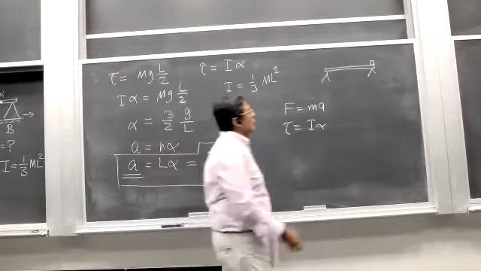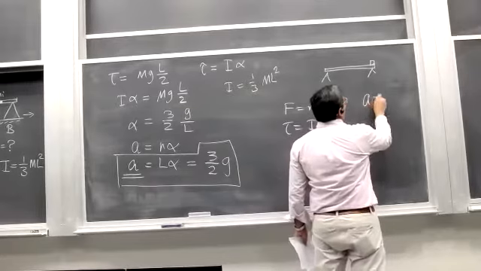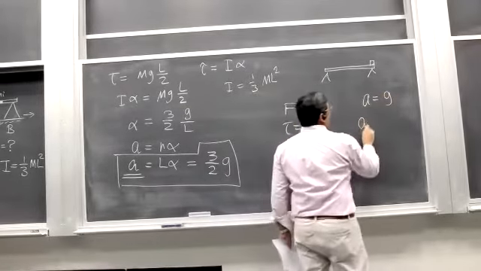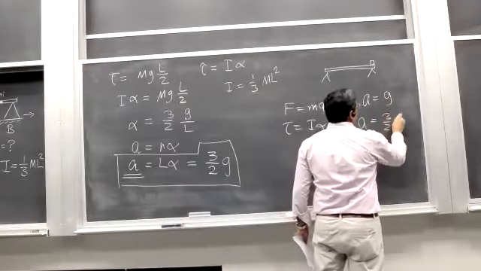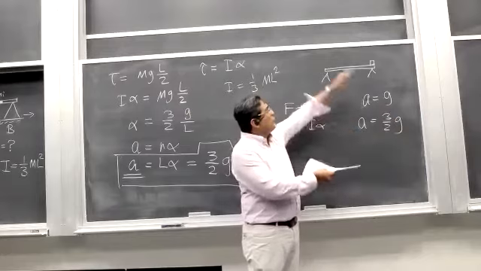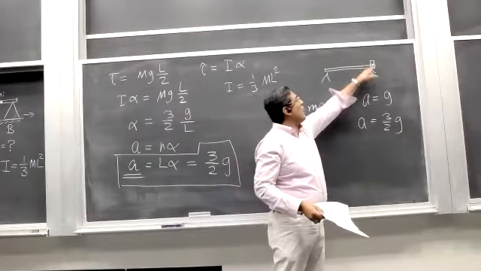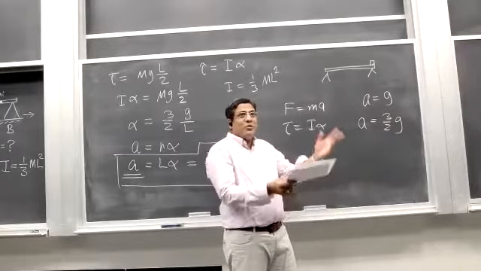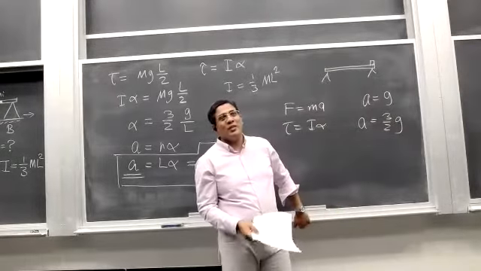The little stone would fall with a equal to g. The end of the rod would fall with 3/2 g, which is larger. So they would lose contact, and the rod would fall first, immediately. And you can do this little experiment at home.